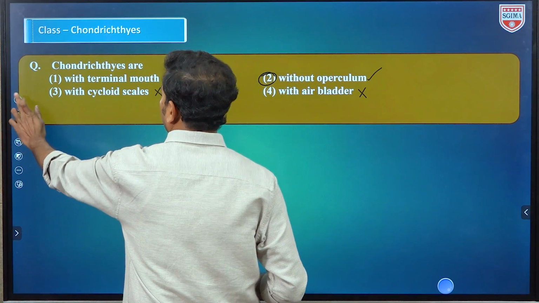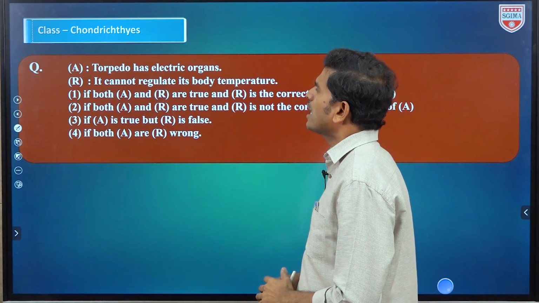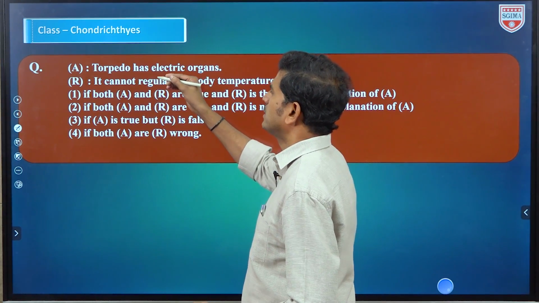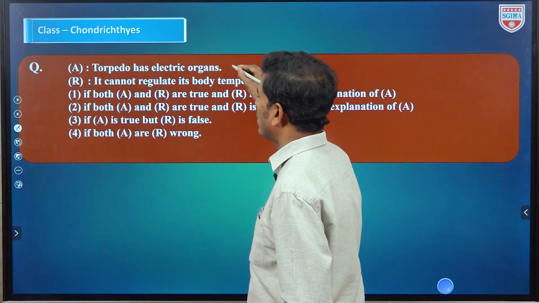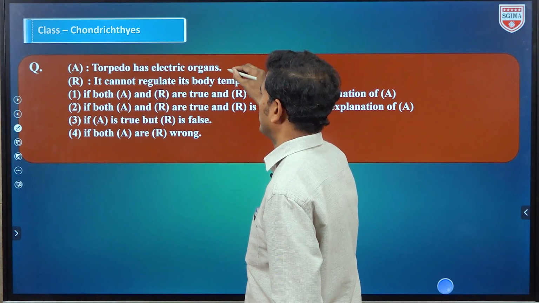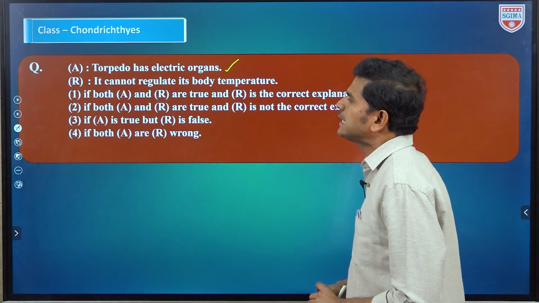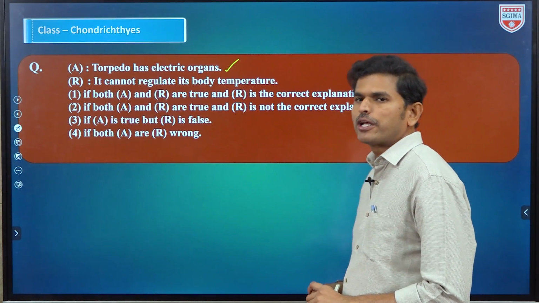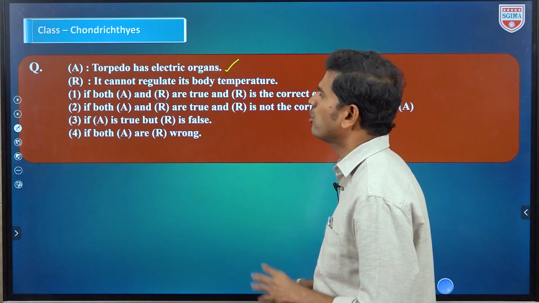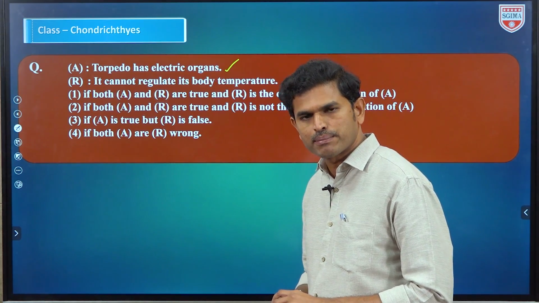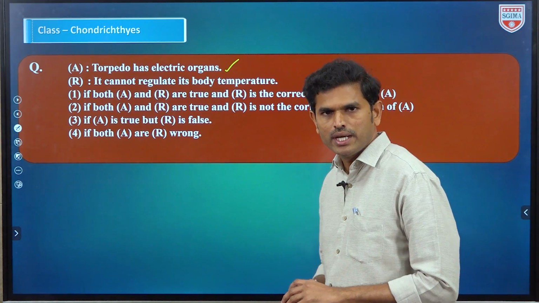Next. Assertion: torpedo has electric organs. We just saw that torpedo, also called electric ray, has electric organs, so it is correct. Reason: it cannot regulate its body temperature. Fishes cannot regulate their body temperature, and not only fishes, amphibians and reptiles also cannot.